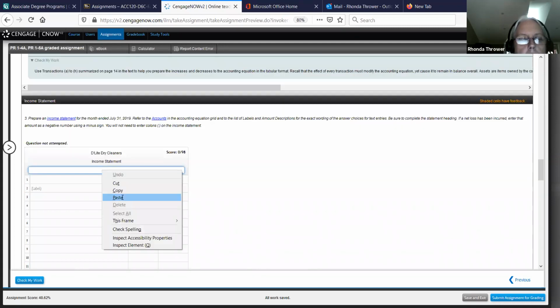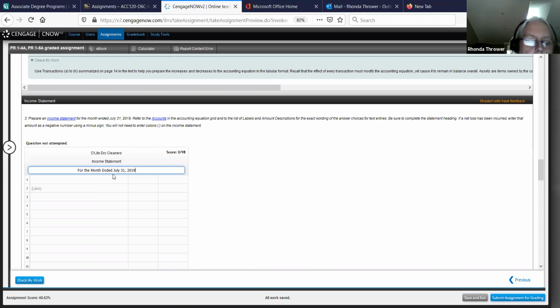So I'm going to paste it here. Again, it told me that this was a label, so I needed to choose the best label for this statement. The income statement is always prepared for a period of time. We're going to measure our revenues and our expenses in this period of time.